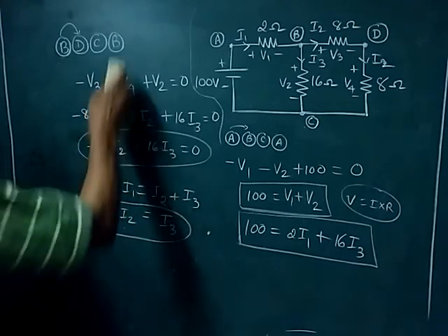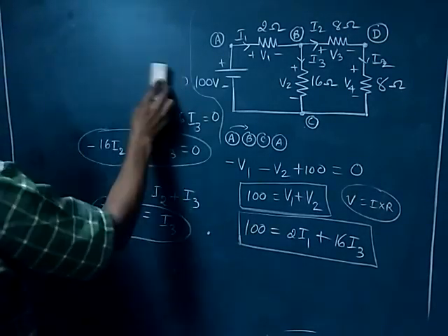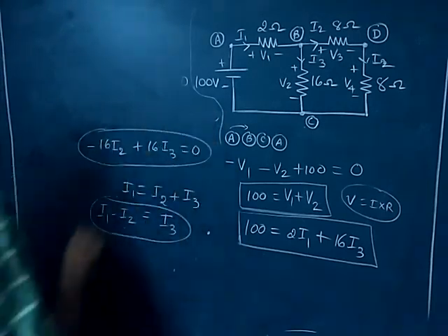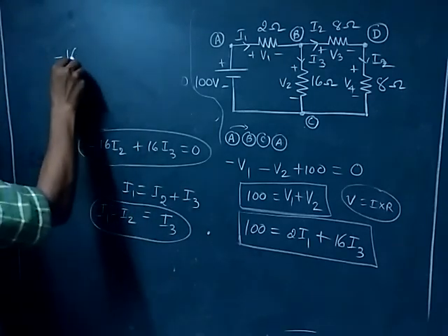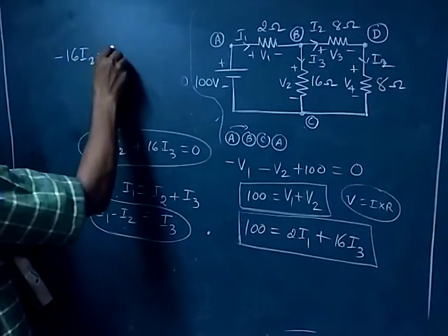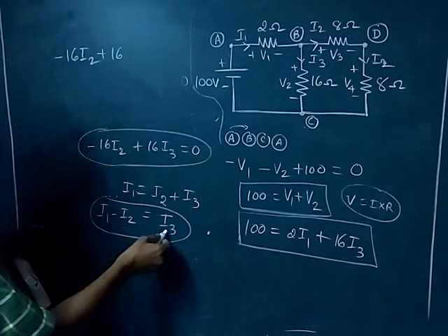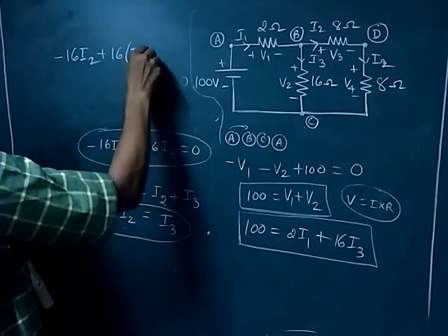So the second equation will become minus 16 I2 plus 16 I3. For I3 I can write I1 minus I2.